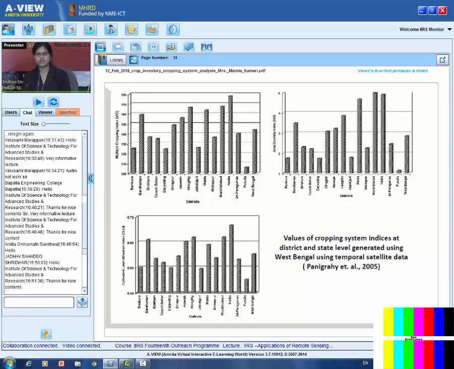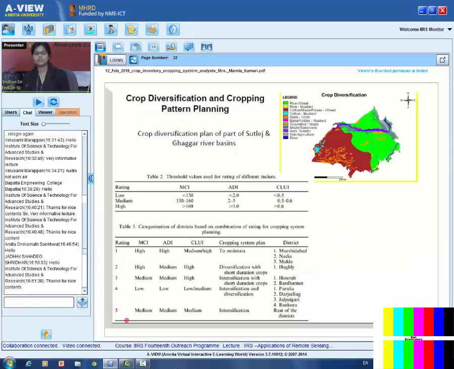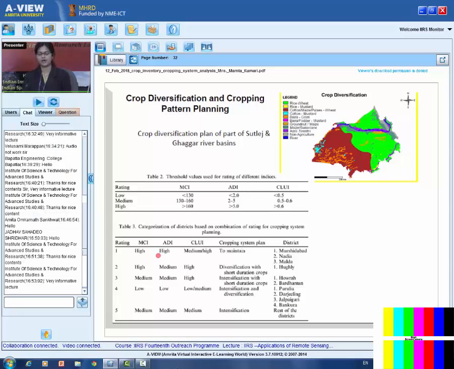As per this study, some recommendations are given as per the results for different districts in West Bengal. If MCI is high and ADI is high, this is a very ideal condition, and you have to maintain this. But if MCI is low, ADI is low, everything is low, we must go for intensification and diversification also. We must include some pulses which can improve the soil health.